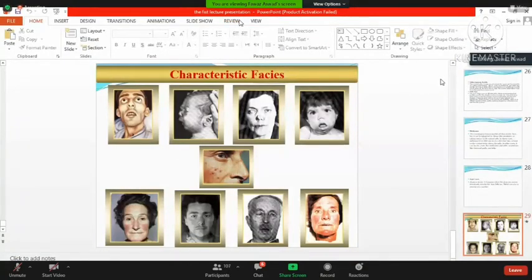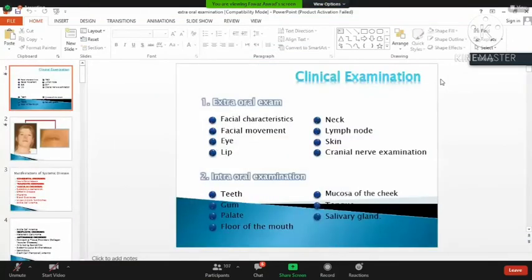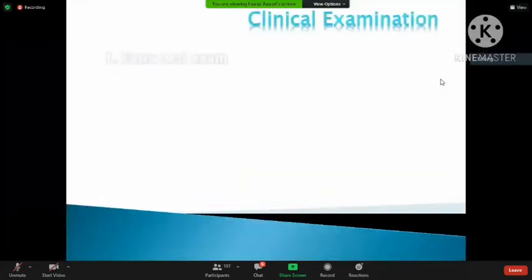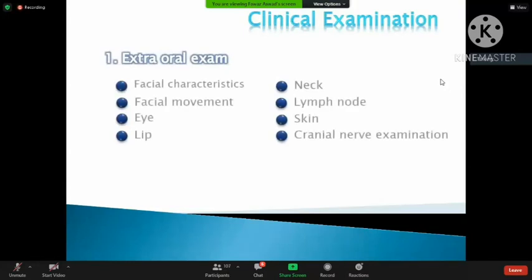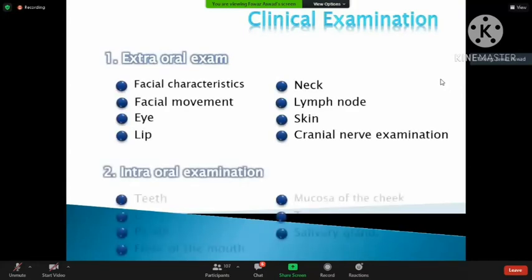Now we go on to continue the extraoral examination. This is a useful summary of the examination, or clinical examination, of the patient. We talked about the extraoral examination, which is the facial characteristic features, and we divided them into approximately 7 or 8 characteristic features that may give you a hint that this patient has a serious condition.